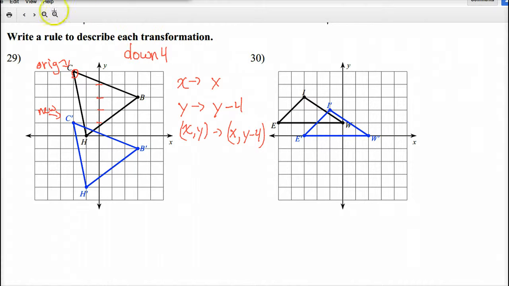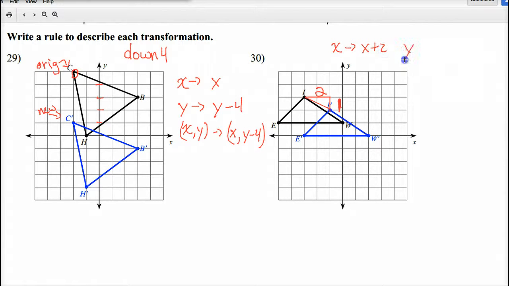All right, now this next one, little bit different. Let's try to connect a couple points and see where they're going from. So we got this point here going to this point here. And that's a couple of movements. We got a little bit to the right and then a little bit down. And if I were to kind of separate those movements into left and right and up and down, we have like 2 units here to the right and 1 unit down. So that's not too bad. That's just going to take our x and it's going to become x plus 2.